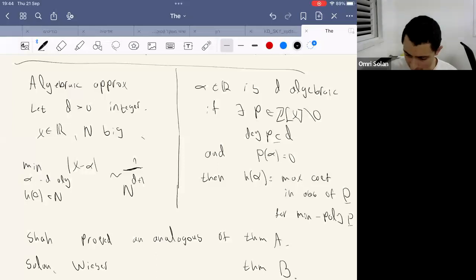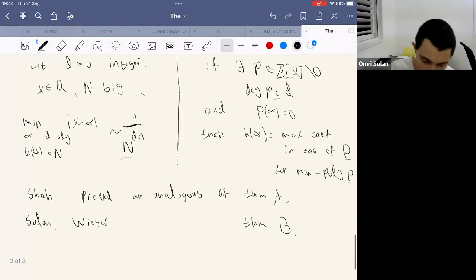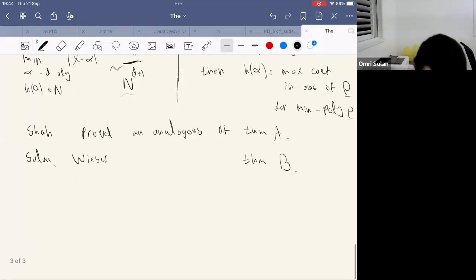We need to choose some polynomial with coefficients bounded by n, and so we have this many polynomials. And so we expect these numbers to distribute somehow evenly in the interval, and so we expect the best approximation with algebraic numbers to be of this order of magnitude.